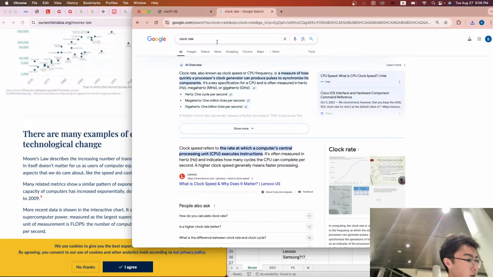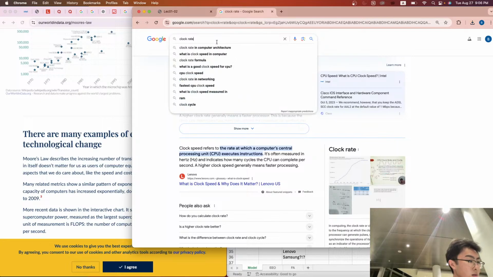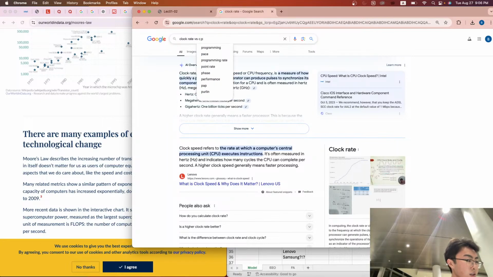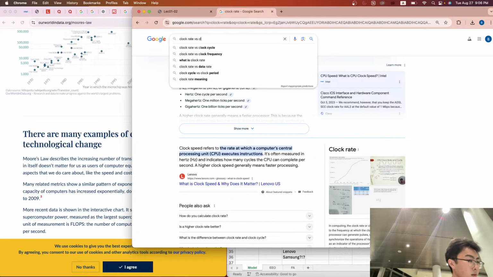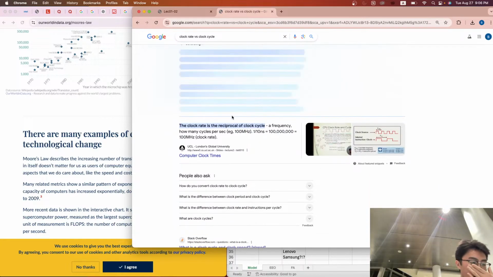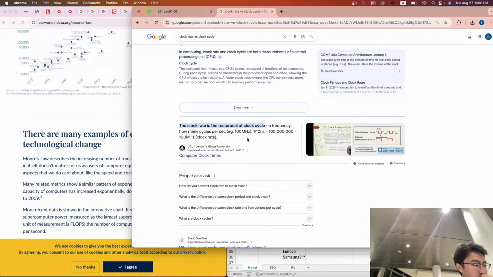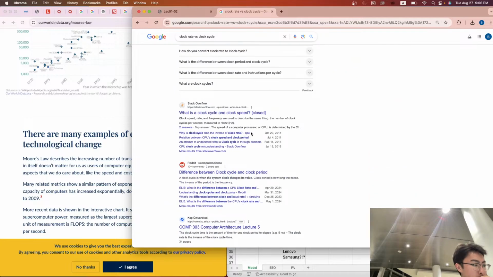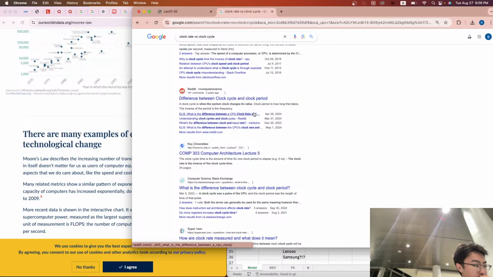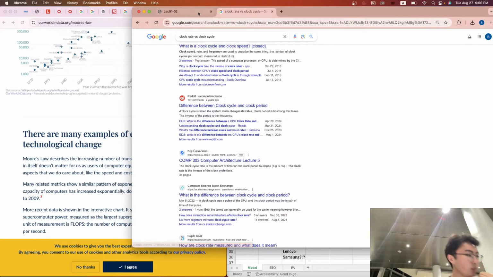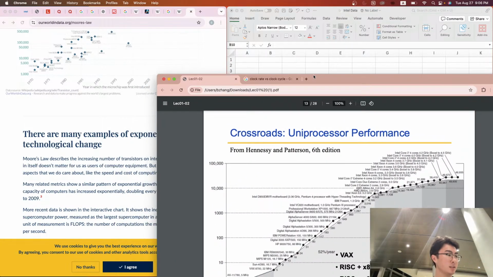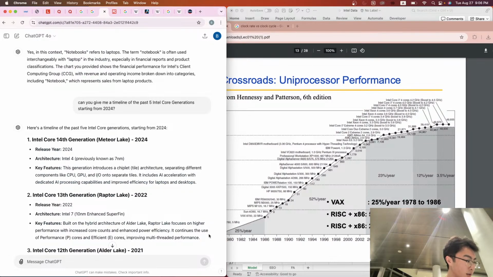Clock speed is the, versus clock cycle. I always get confused. Okay, yeah. Let's get back to this real quick.